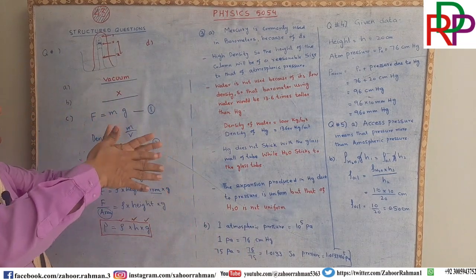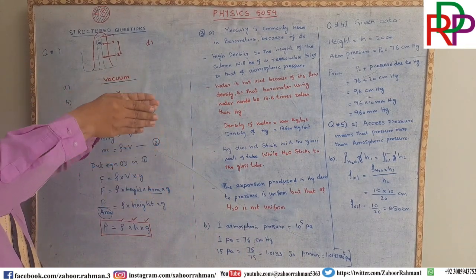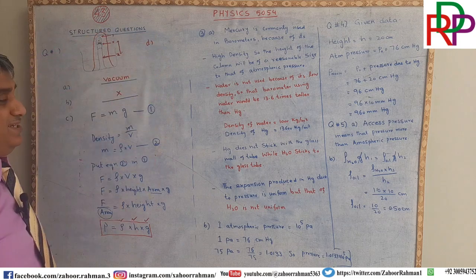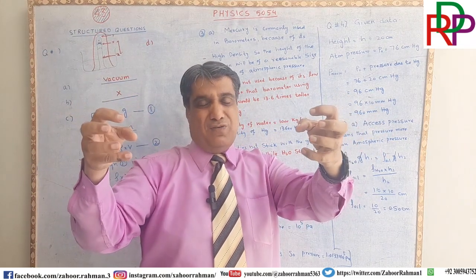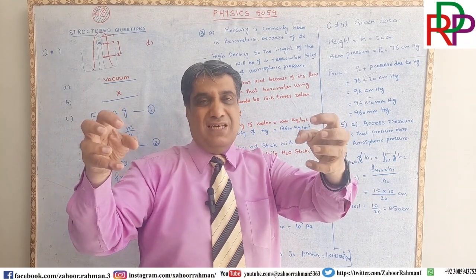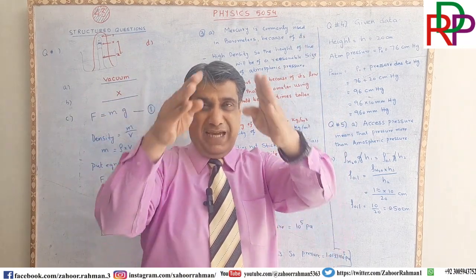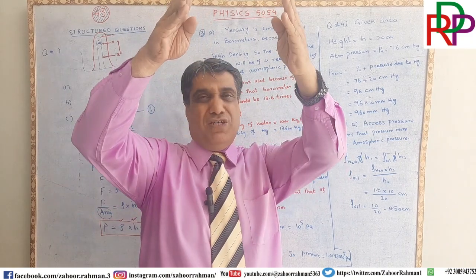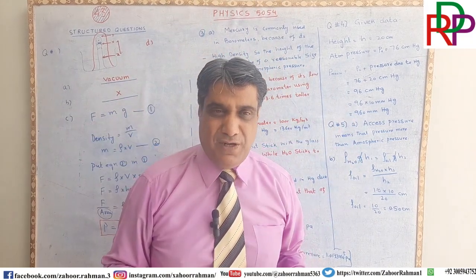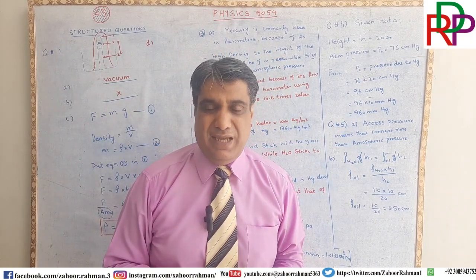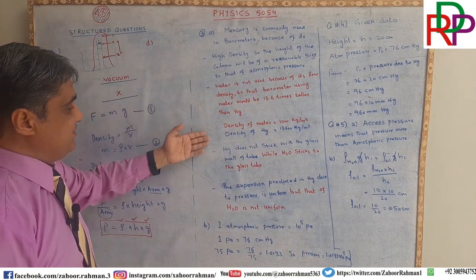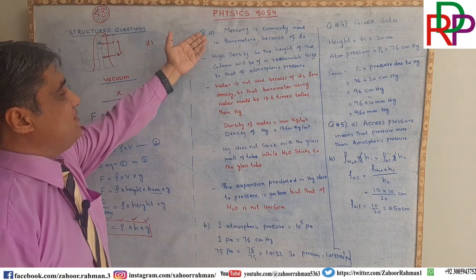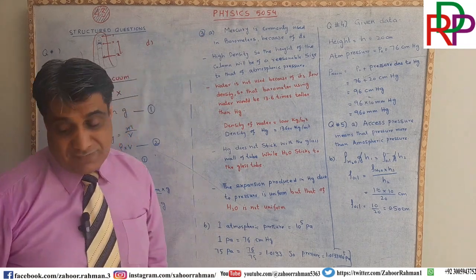The increase will be like this, because this part will stick with the wall of the tube, and the middle portion not, so the middle portion will go up, so it will not be uniform, and as a result you will not be able to get the correct answer. Okay, these are the three reasons of question number 3, part A.